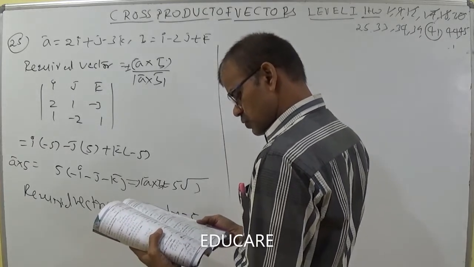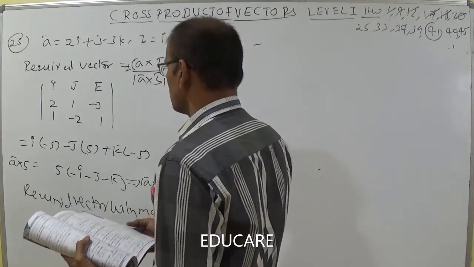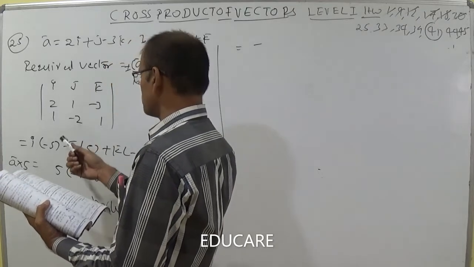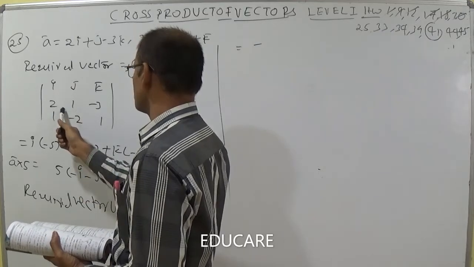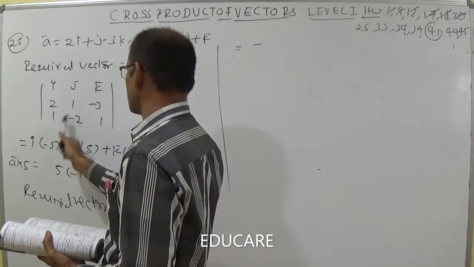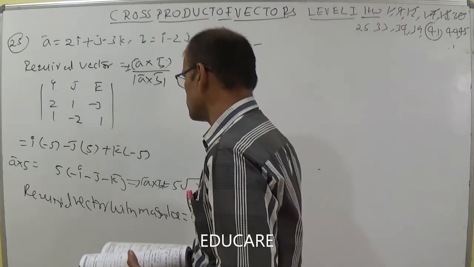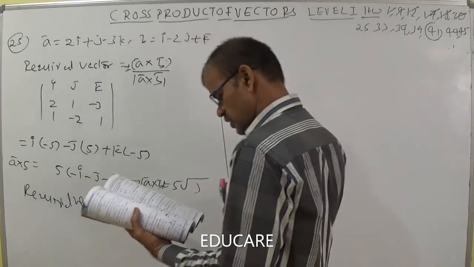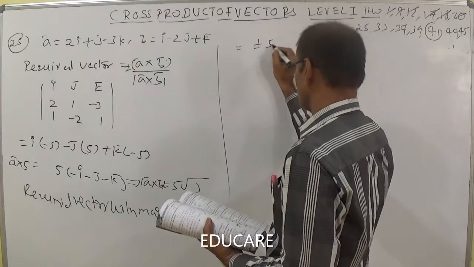25th question: 2, 1, minus 3 and 1, minus 2, 1 is there. I into (1 minus 6) minus j into (2 plus 3) plus k into (minus 4 minus 1), which is minus 5. Taking minus common, you can write plus or minus 5 root 3.